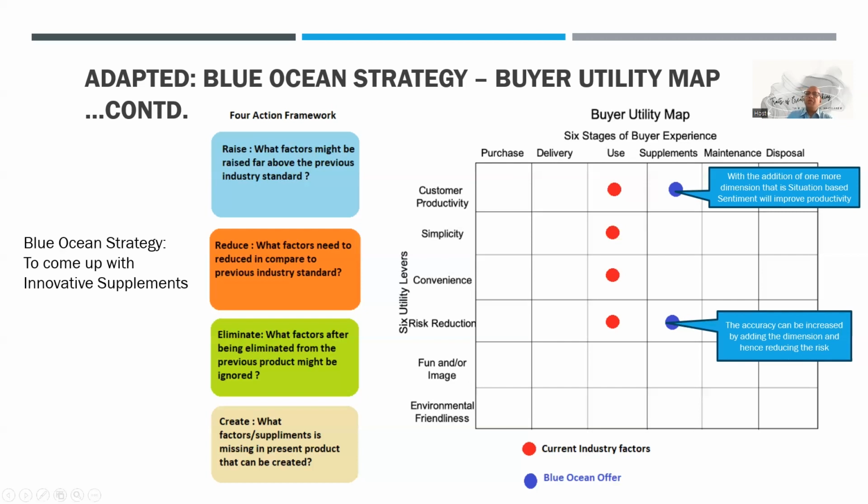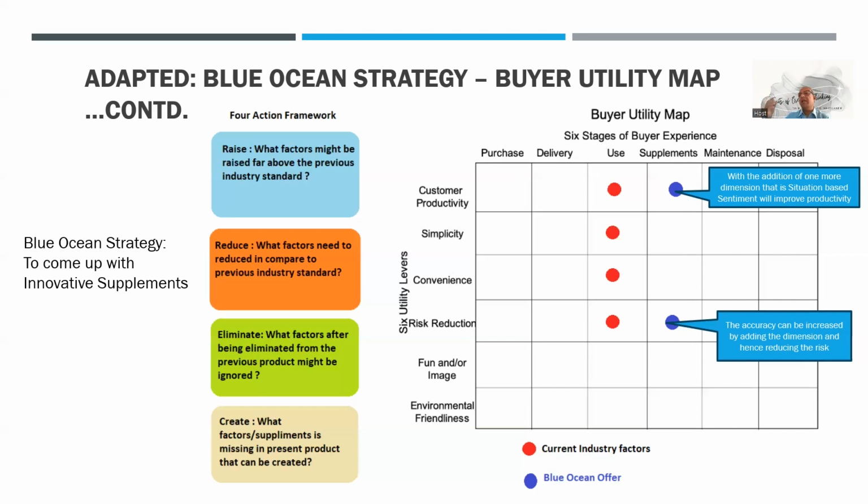Now, the thing is, with the latent sentiment analysis or the situational based one we just discussed, that is the delta thing we are trying to come up with. That is something like a supplement, an extension on the existing software.